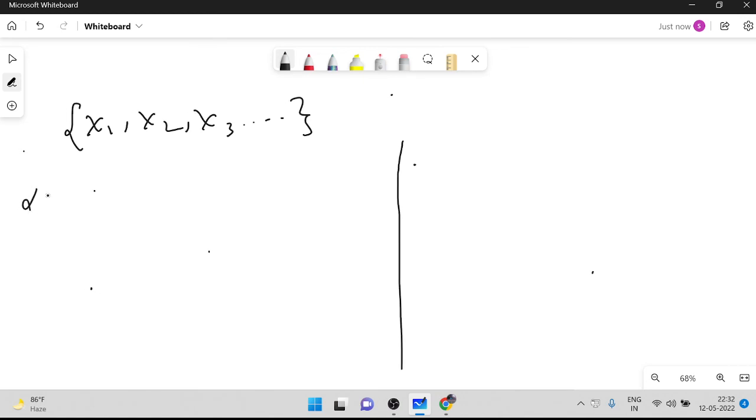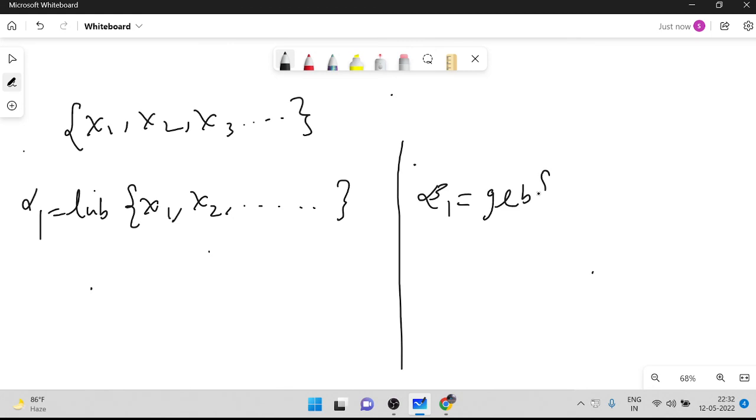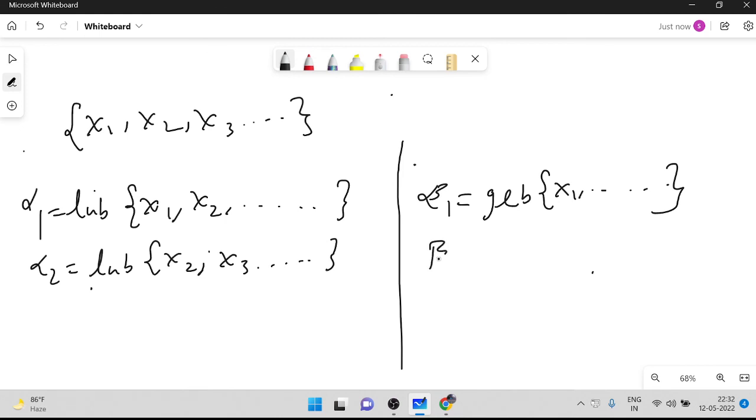Let alpha 1 be the least upper bound of x1, x2, and so on, and beta 1 be the greatest lower bound of the same. Let alpha 2 be the least upper bound of x2, x3, and so on, and beta 2 be the greatest lower bound of x2 and so on, like that.